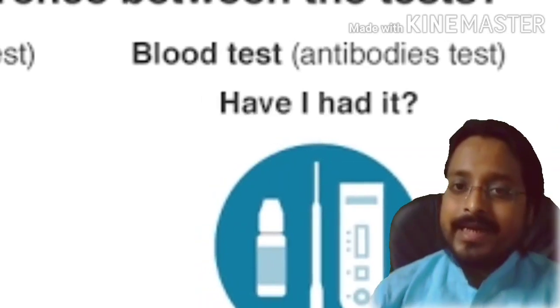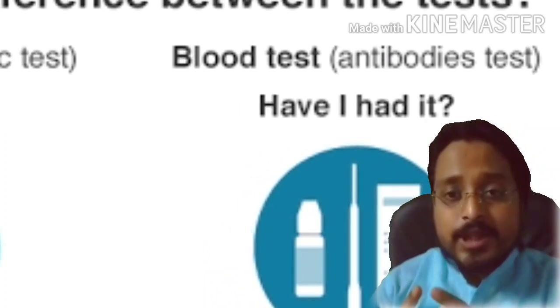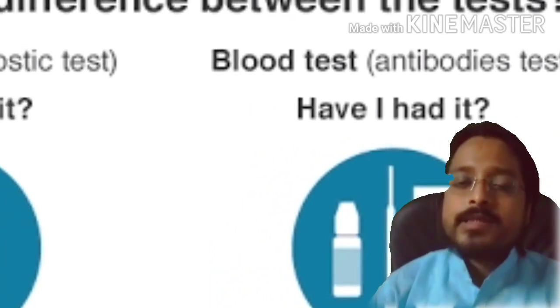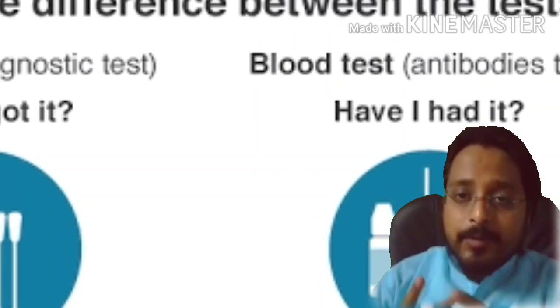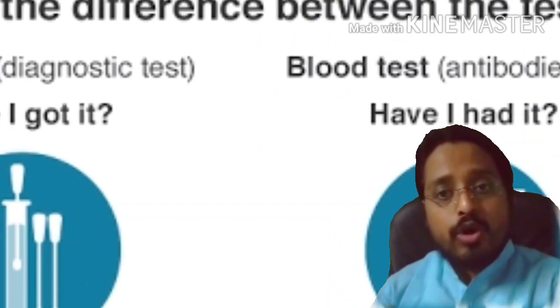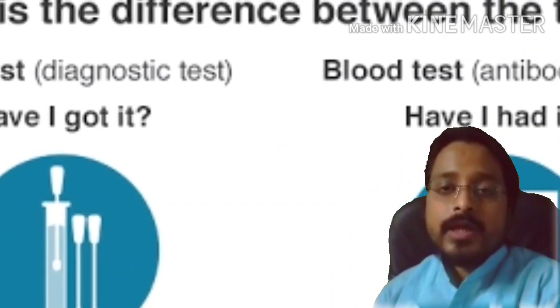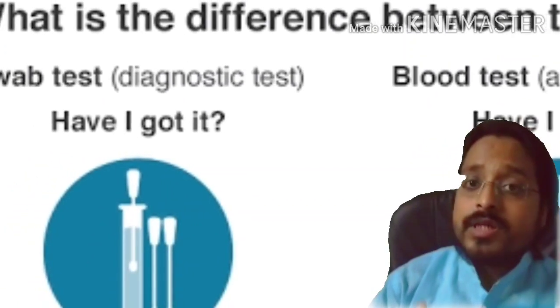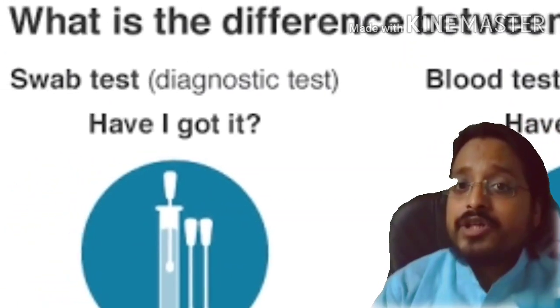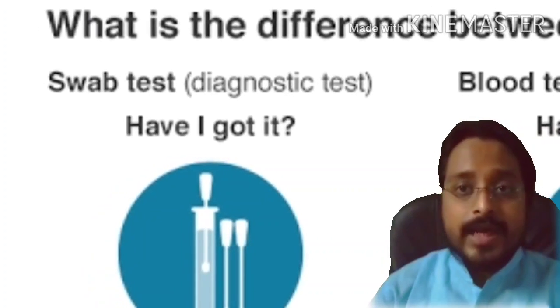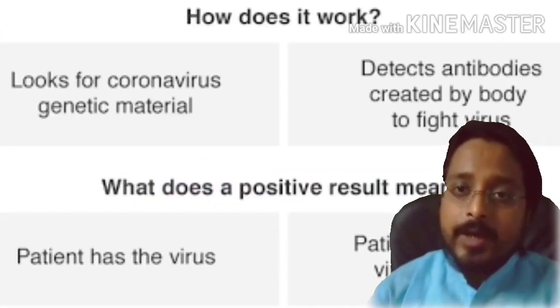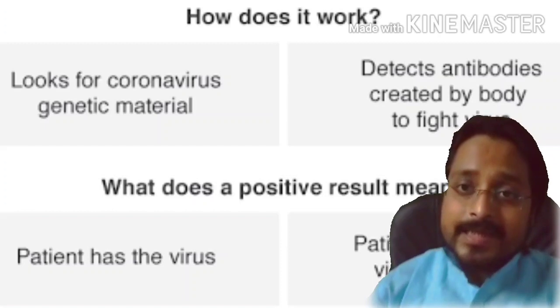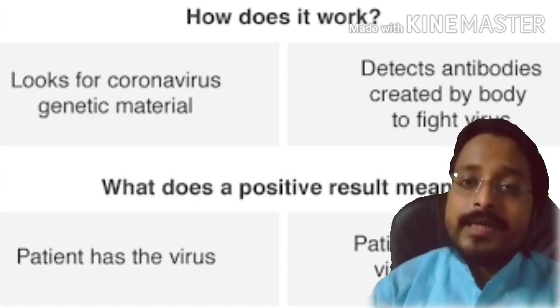Therefore, we can say that RAT or rapid antibody test measures response to pathogens, and PCR, or which is also called SWAB test, the traditional method, measures the pathogens directly. Mark my words, I'm saying RAT measures response to pathogens and not the pathogens, and PCR tests the pathogens directly.